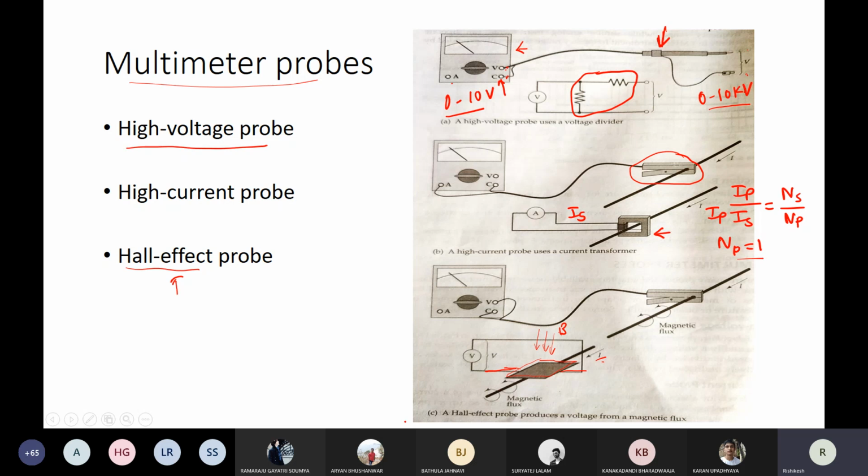We'll discuss the equations later, but for demonstration, the voltage is proportional to current I when the Hall effect sensor is passing the current and is kept in an external magnetic field. These are the kinds of probes we use to convert higher values into lower values. We'll start the discussion on the next topic from the next class.